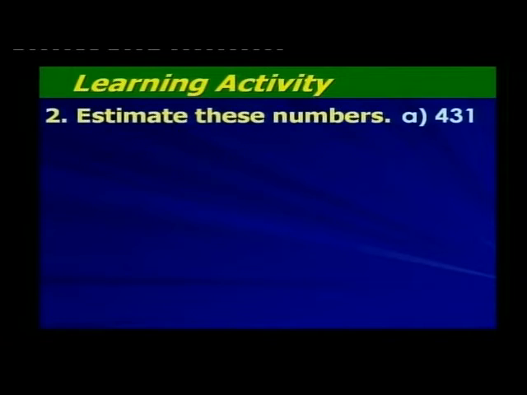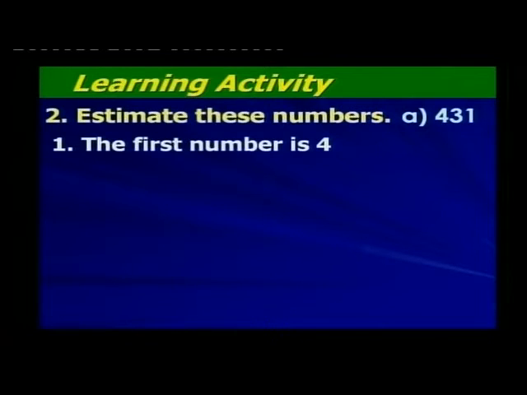Is it greater than 5 or less than 5? Okay, if it's less than 5, then we keep the first number, or the first figure, 4, as it is, and we are going to change these two into 0.